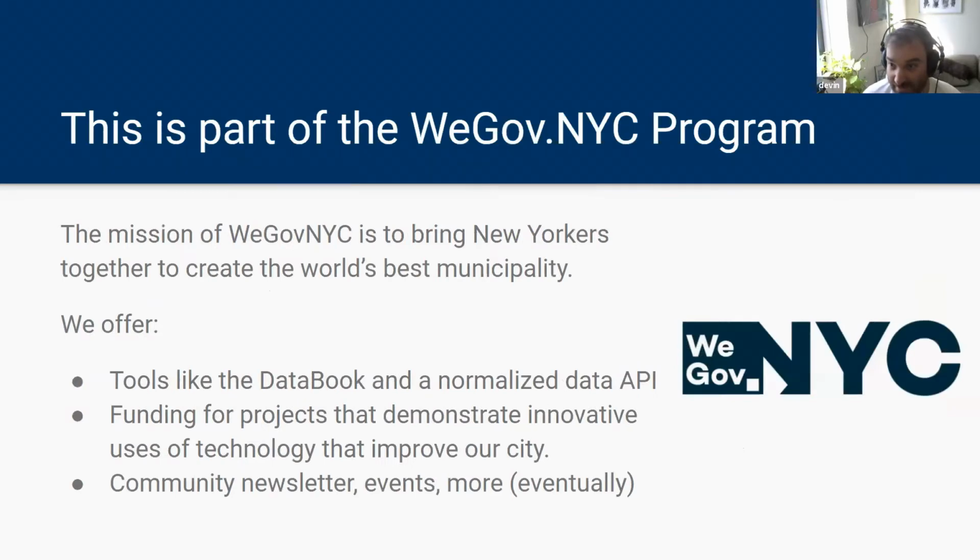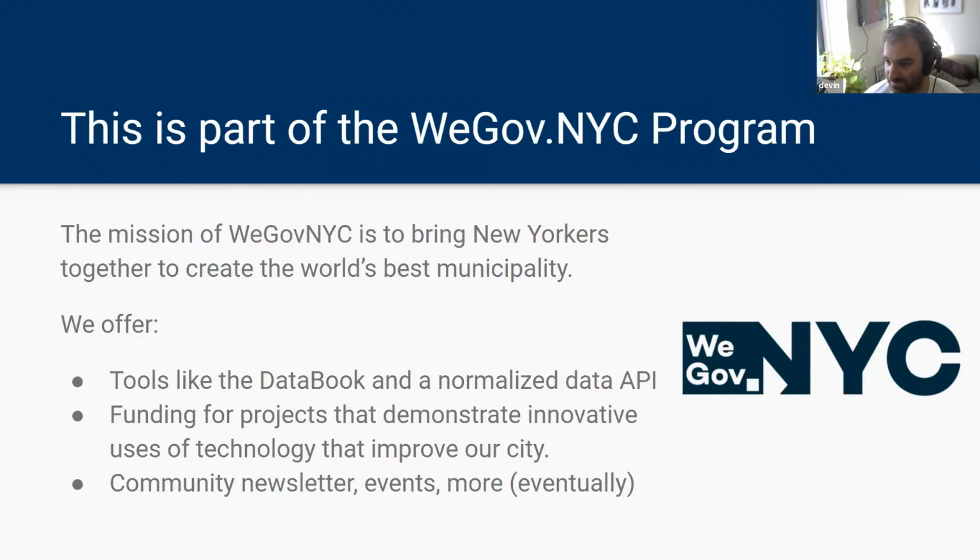And this session is part of the WeGov NYC program, which is a project of Serapis to bring New Yorkers together to create the world's best municipality. The program has inched its way along for a year or two. We've got some new tools like the data book and our normalized data API, which we have a session about on Thursday, which might be helpful for folks, on the Zoom.